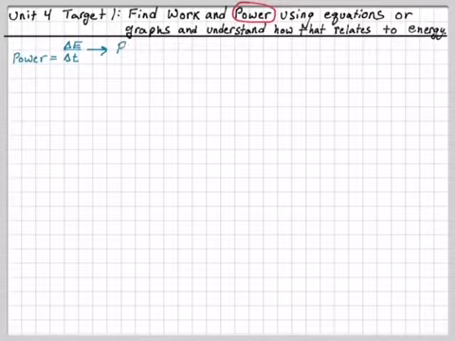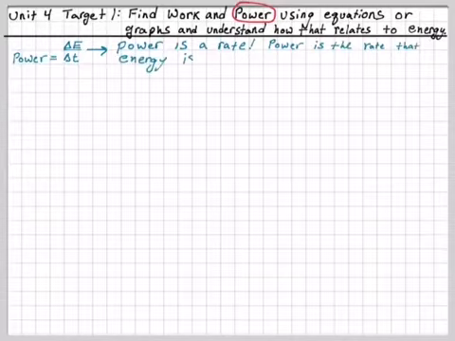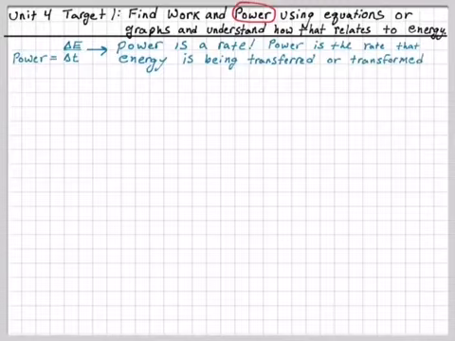But actually, what this equation is telling us is that power is a rate. It's really the rate that energy is being transferred or transformed. So you don't necessarily have to be super strong to be powerful. You just need to be able to transfer or transform energy quickly, and then you're powerful.